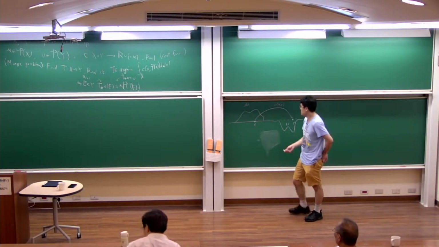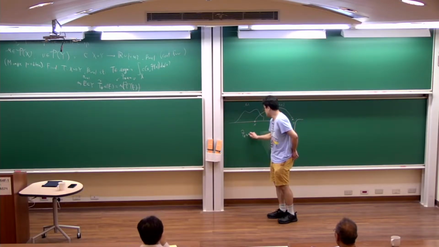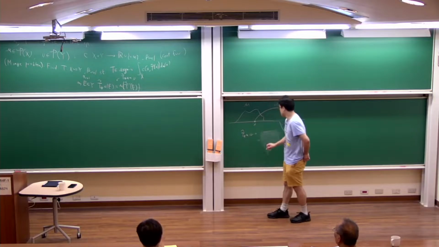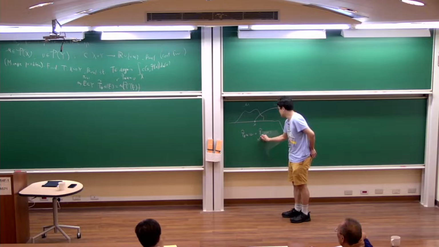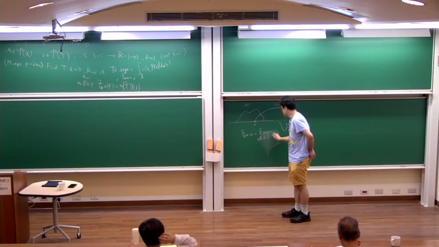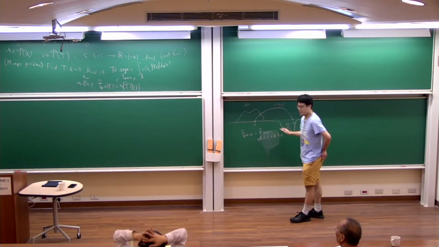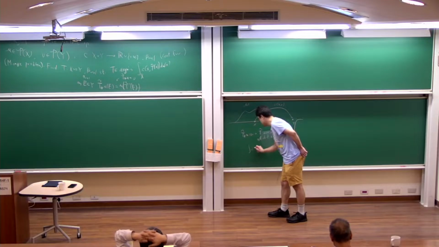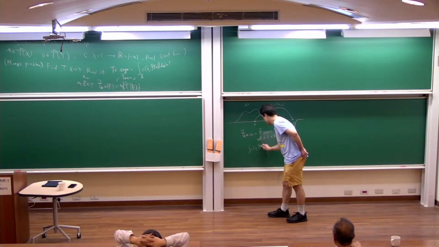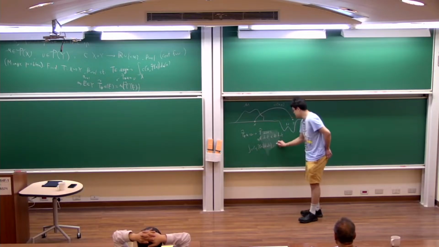So if T tilde pushes mu forward to nu, this means that T tilde moves all of the dirt and fills the hole, because it's pushing all of this into here. And then this cost functional is exactly the total cost of moving everything.